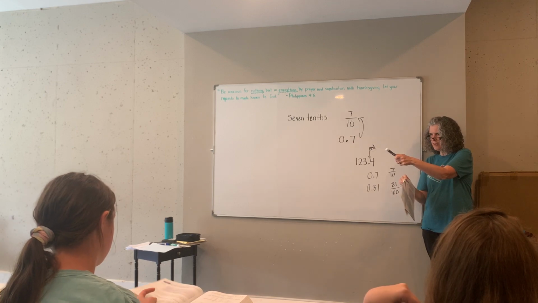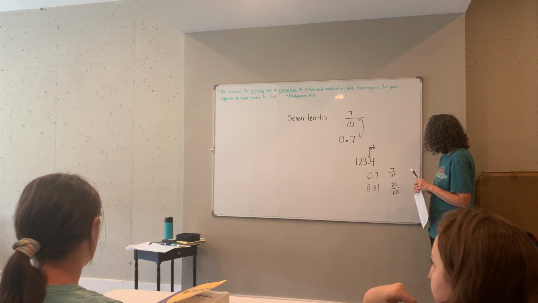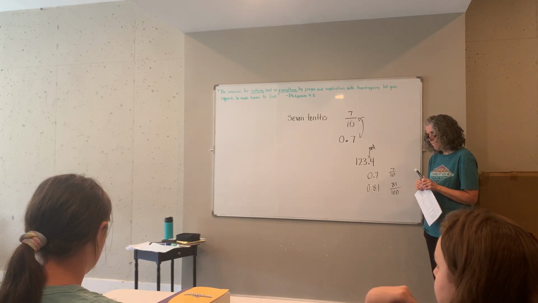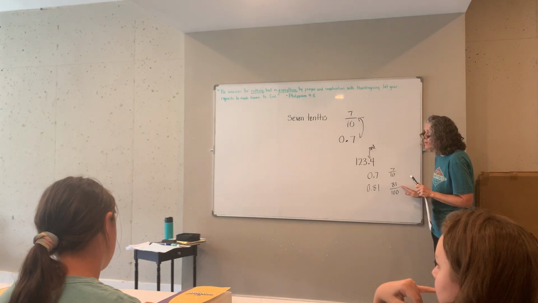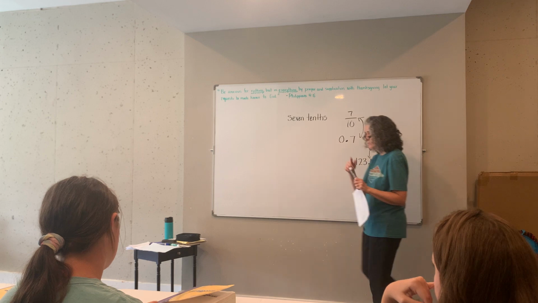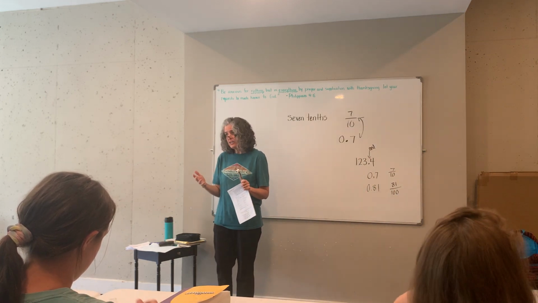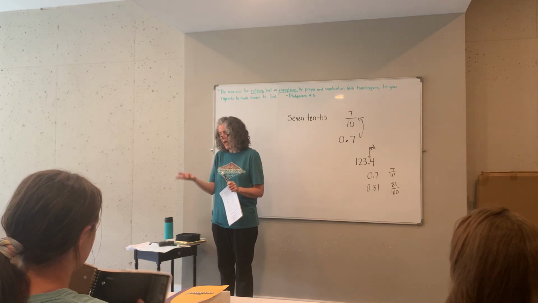Christian, do you remember? You might be able to simplify it. I mean when you change it from a decimal to a fraction. Thank you for asking that. You may get a fraction that can be simplified, and then you'll have to do that.